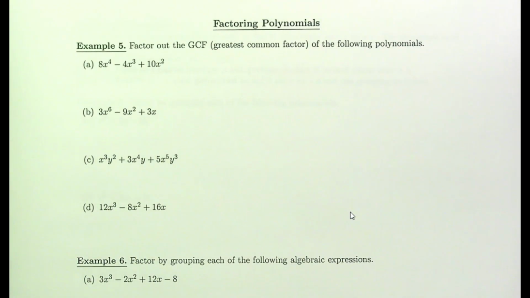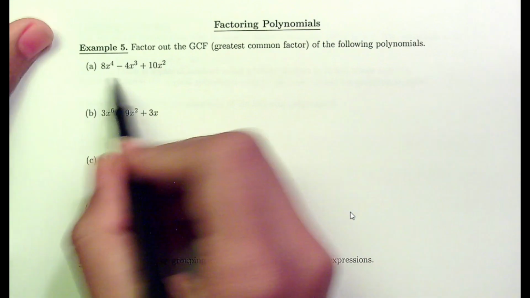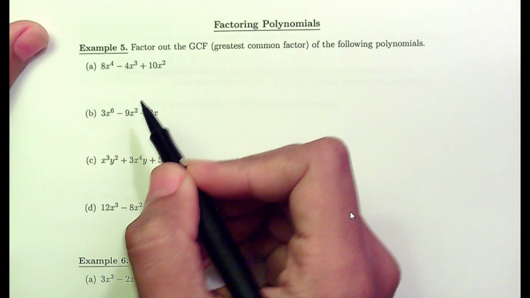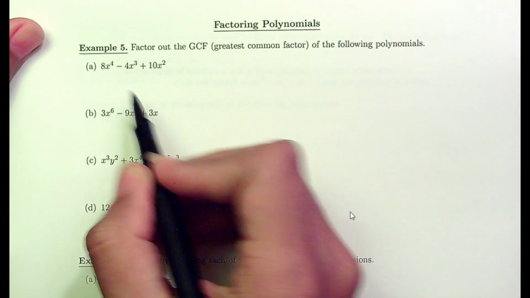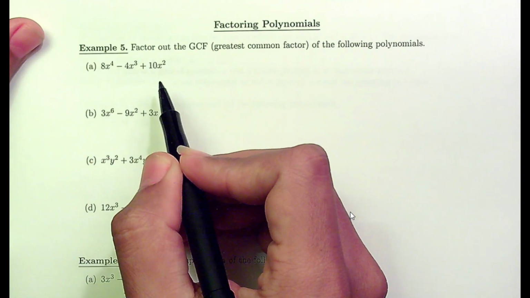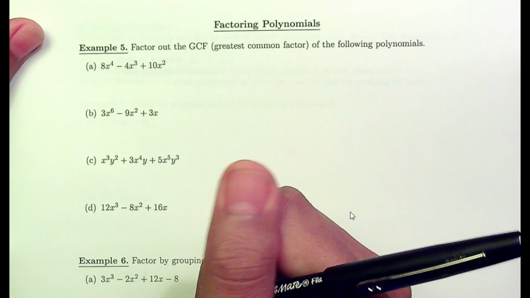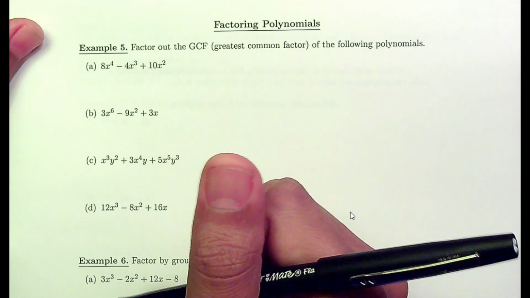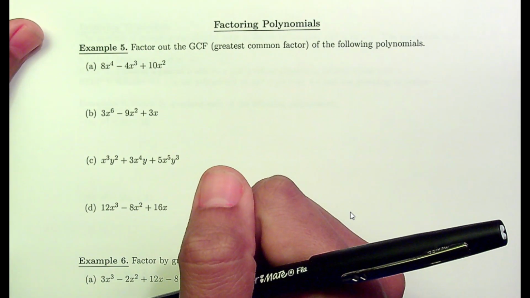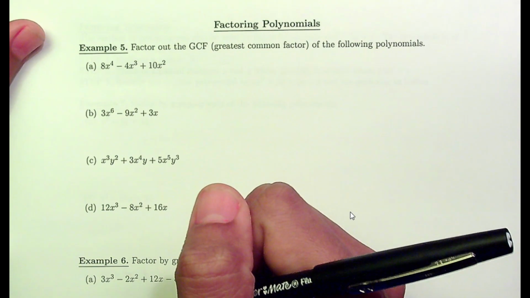Okay, so let's start by doing the very first one. First, the coefficients. Always start with the coefficients. Looking at all the coefficients, we have to think of the biggest number that is a factor of 8 and 4 and 10 as well.